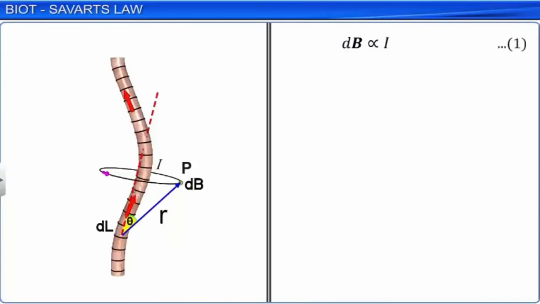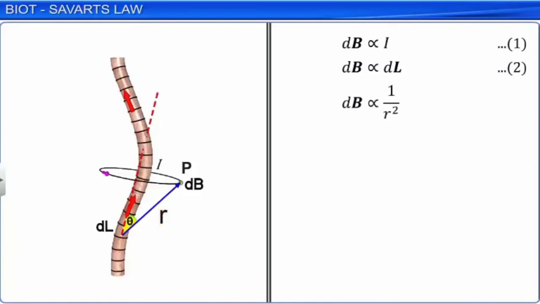Therefore, dB is directly proportional to I. Also, dB is directly proportional to the length dl of the small element of the conductor. Also, the magnetic induction dB is directly proportional to 1 by r squared, or we can say it is inversely proportional to r squared.